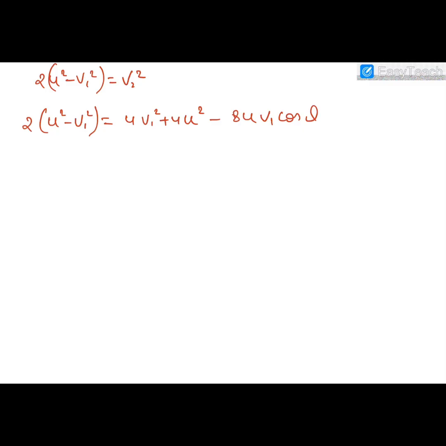So let us make a quadratic equation in u. It would be 2u square, and we are cancelling this 2. So it would be u square plus 3v1 square minus 4uv1 cos theta equal to 0.